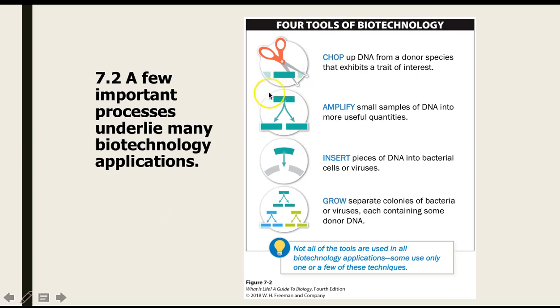Amplify means you're going to make large quantities of DNA, so we'll talk about how that works. Insert is where you put a gene of interest that you got from one organism and put it in a new organism. And then grow is where you're making lots and lots of copies in a different way from how you do it with amplify. Amplify is slightly different from growing, because with grow, you're putting it in a living thing.